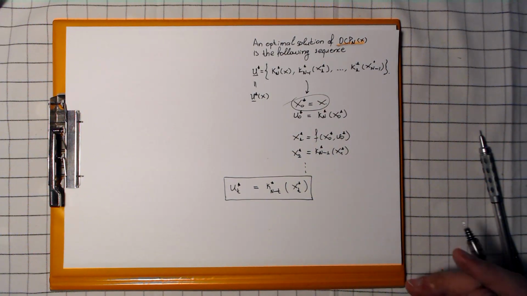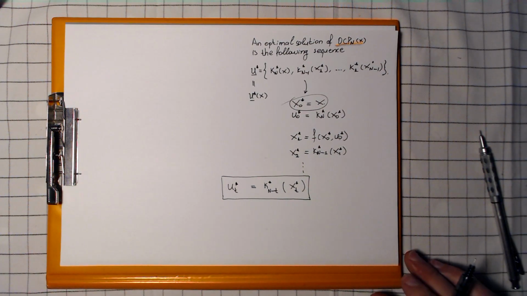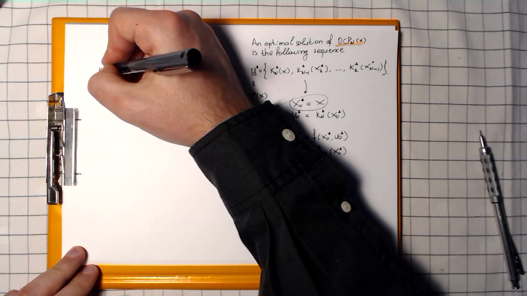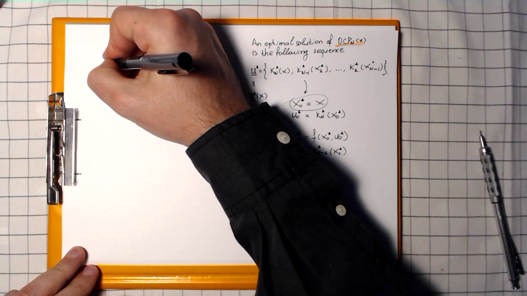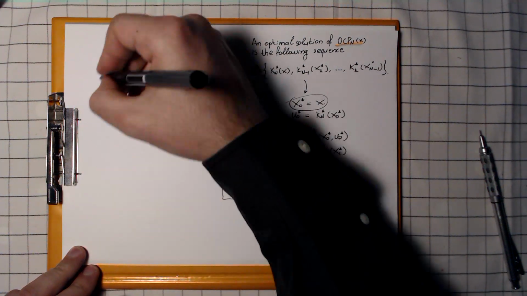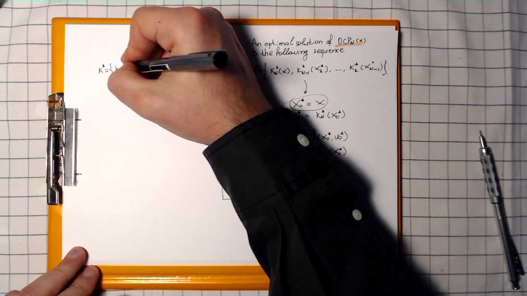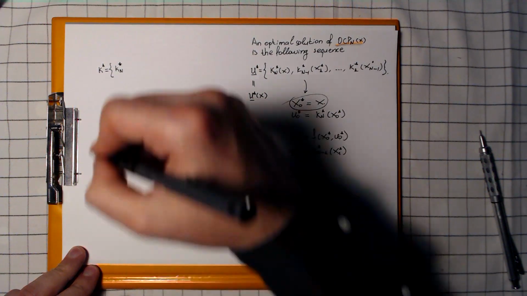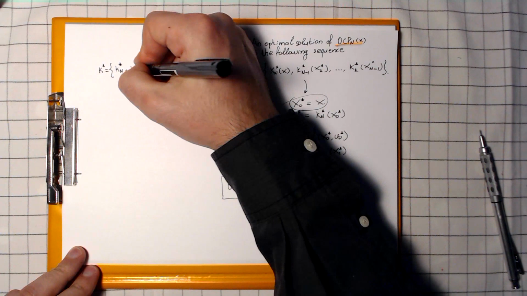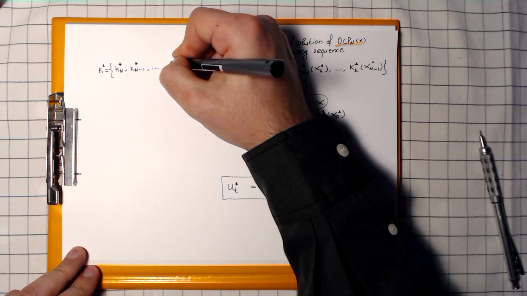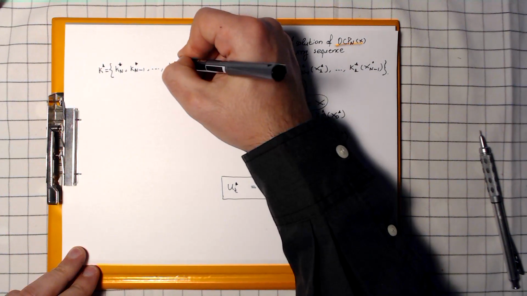So this is how we produce an optimal sequence of control actions starting from the initial condition x, starting from x0 equals x. This is what the dynamic programming method can do for us, but it can do more. If we call kappa star not the sequence of control actions, but the sequence of control functions or control laws, as they are called often: kappa n star as a function, kappa n minus 1 star again as a function, and so on and so forth, kappa 1 star.